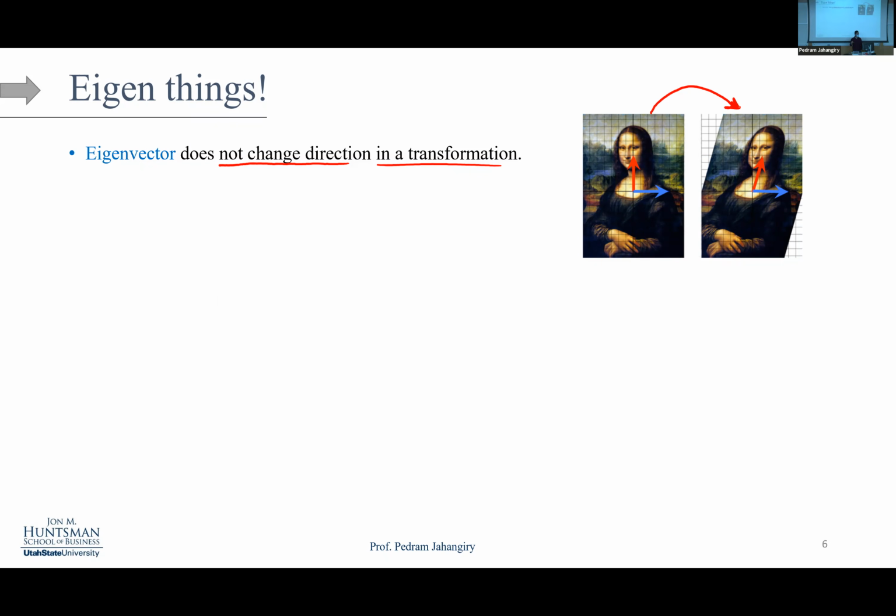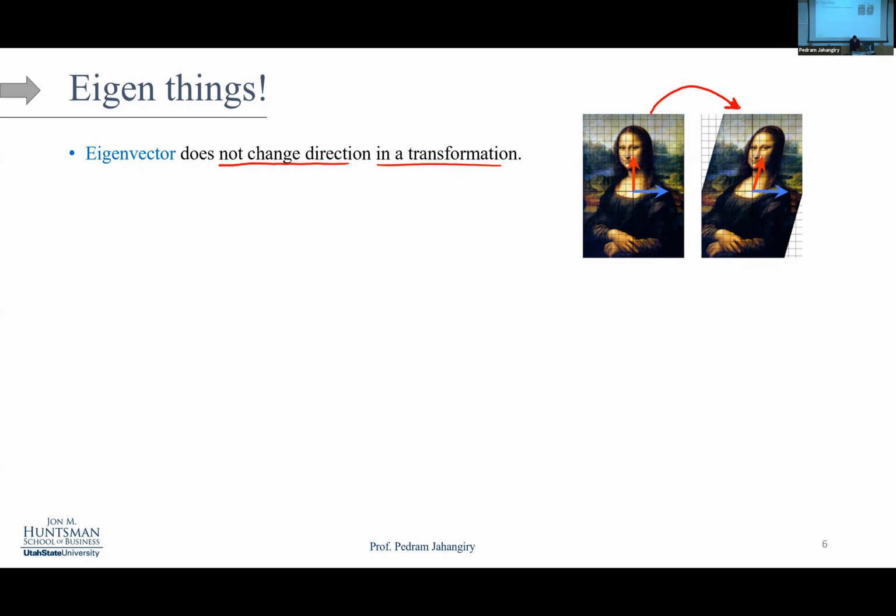The blue one, right? Does everyone agree that the blue one does not change direction after the transformation? Okay. So this is called an eigenvector, because after any kind of transformation, the direction of the vector is not going to change. And it is the simplistic definition of eigenvector, right? So we're going to make it complicated step by step. So this is the eigenvector, and the magnitude of the eigenvector after the transformation is called the eigenvalue, right?